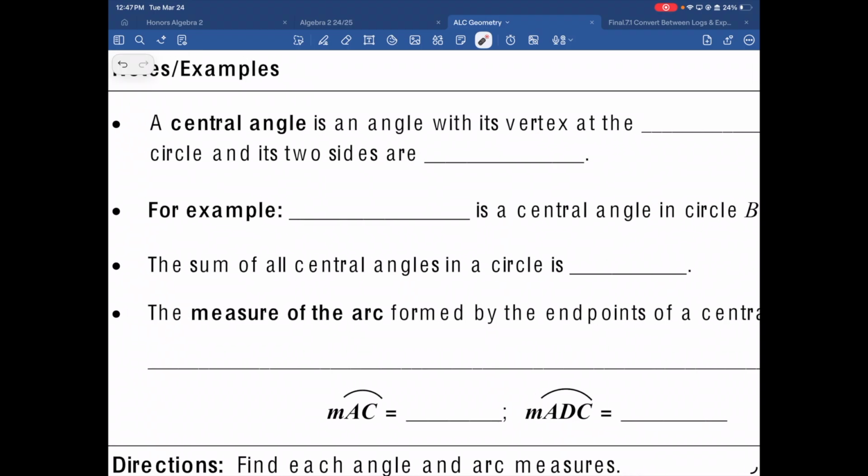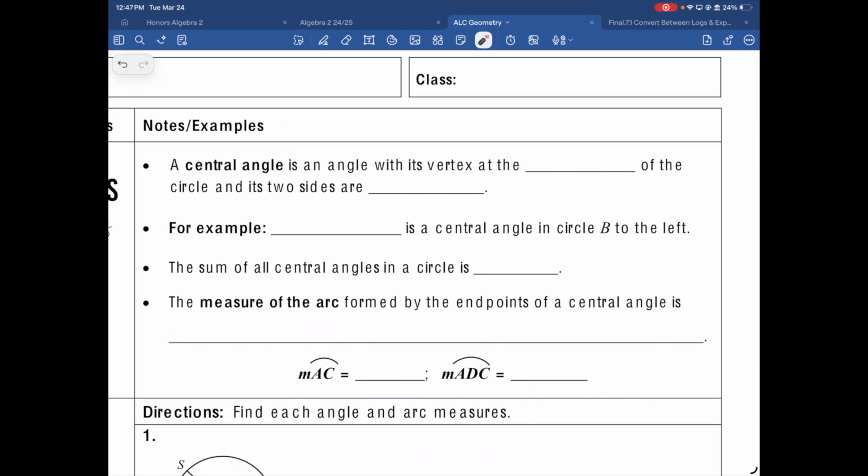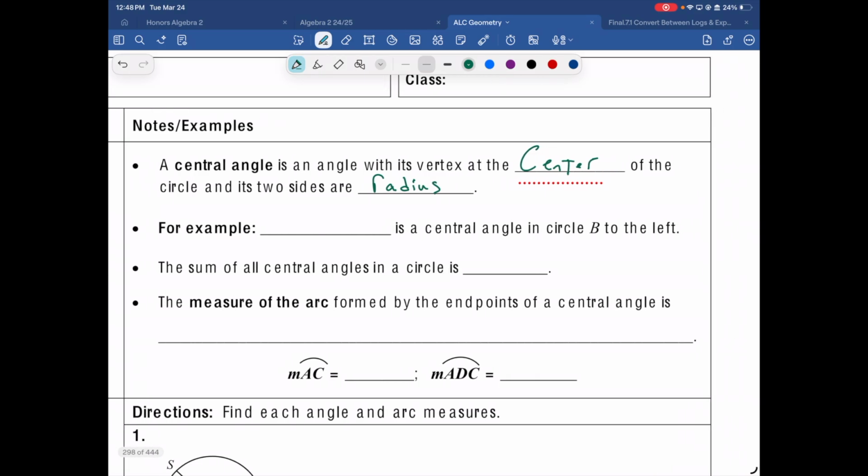A central angle is an angle with its vertex at the center of the circle, and its two sides are radii. Probably just say radius or radii, whatever. We'll leave it as radius.